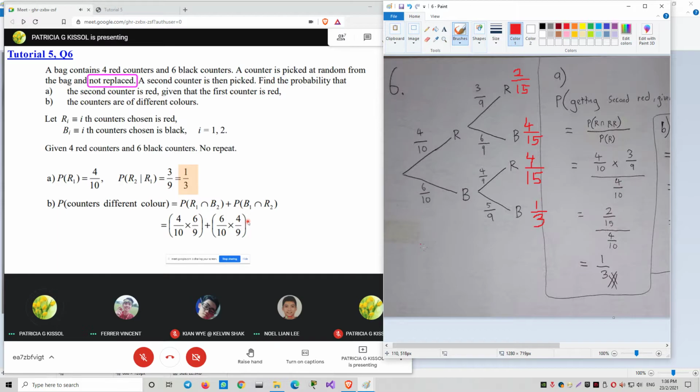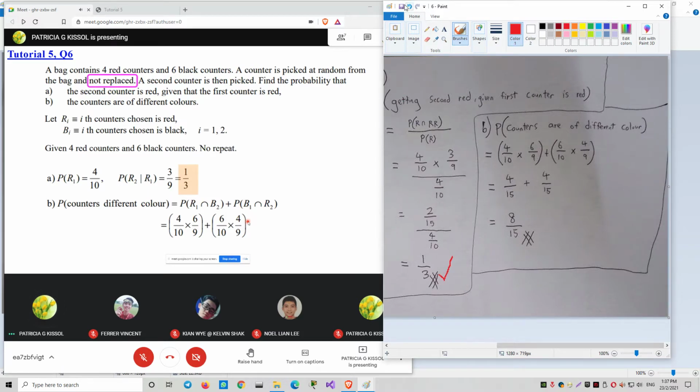Especially Farah, you said this is the question that you find confusing, is it? Do we have to write P(R1 intersection B2), those formulas also, or the actual counter? This is just to explain.